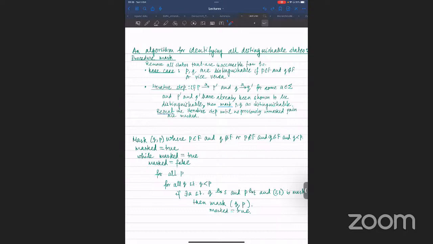Because first of all, you have only a finite number of pairs of states. And then in every iteration, if a new pair is not found to be marked, then you come out of the loop and this procedure terminates. Clear? So this mark procedure always terminates. This much we can say.